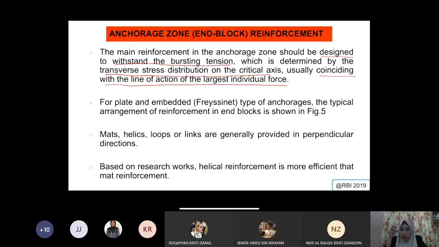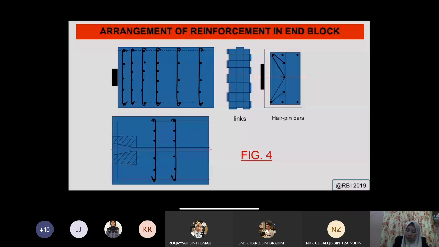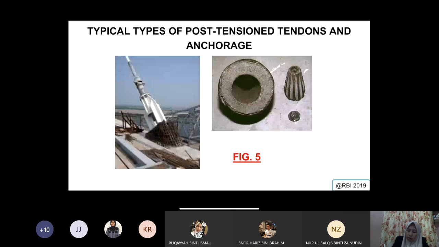You want to avoid the part near the anchorage from bursting, because you are pulling the tendon with a very high force. So we have the plate, or embedded Freyssinet type anchorage. The typical arrangement of reinforcement in the end block is in figure 5. Normally the arrangement is something like this.